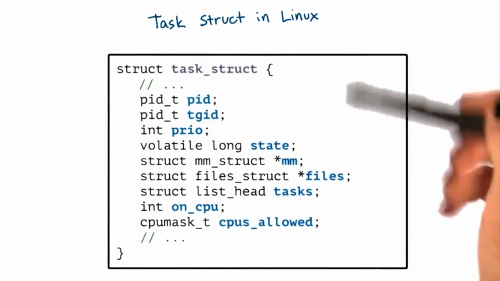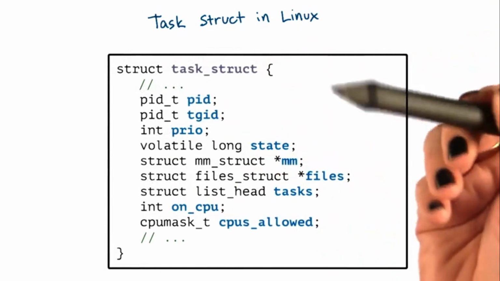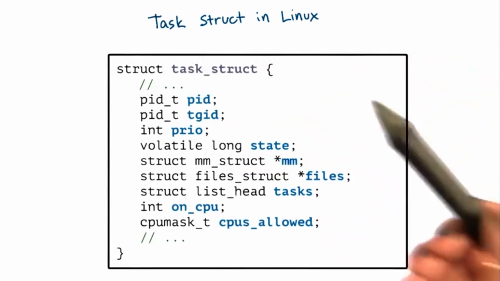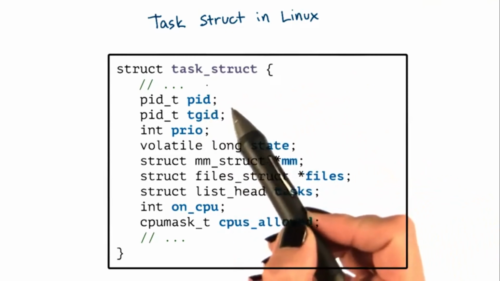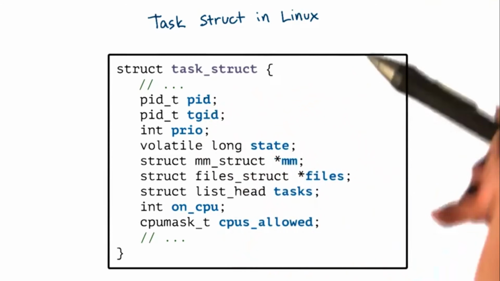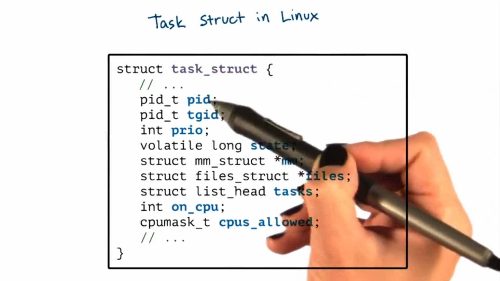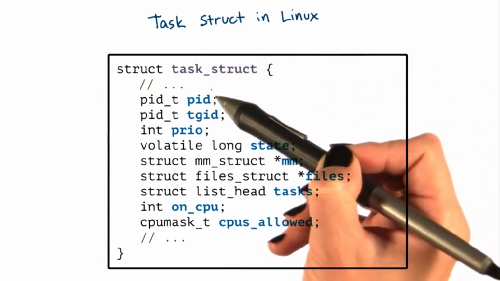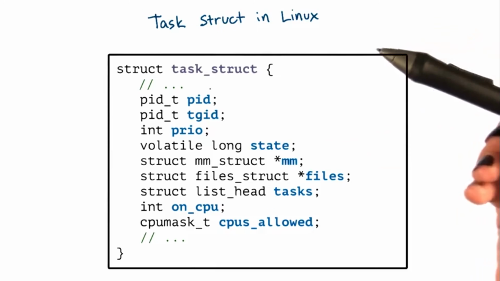Some of the key elements in a task structure are shown here. Each task is identified by a task identifier. However, for historic reasons, we call this a PID, like a process ID. It's a little bit misleading. What this means is that if we have a single-threaded process that has one task, then basically the task ID and the process ID are the same. If we have a multi-threaded process, that will have multiple tasks.